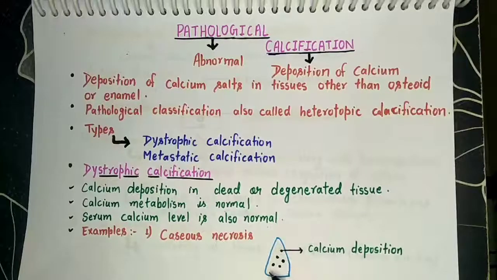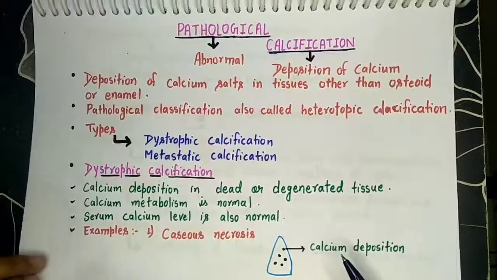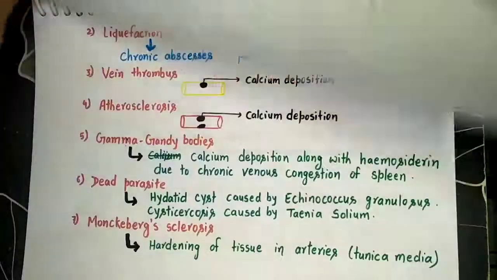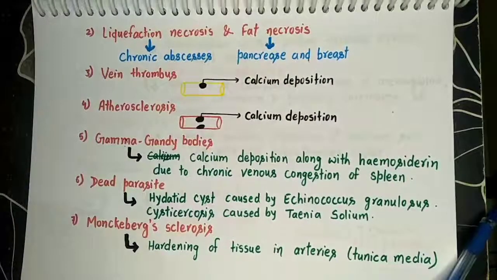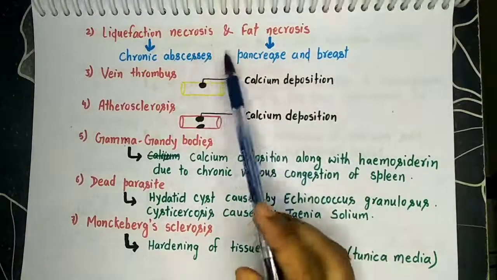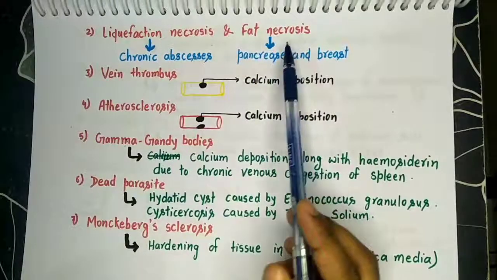In case of tuberculosis of lung, there will be cheese-like appearance of the necrosed tissue in the lung, and due to formation of necrosed tissue, the calcium deposition will occur easily because necrosed tissue forms a favorable site for the deposition of calcium. The next examples of dystrophic calcification are liquefaction necrosis and fat necrosis.